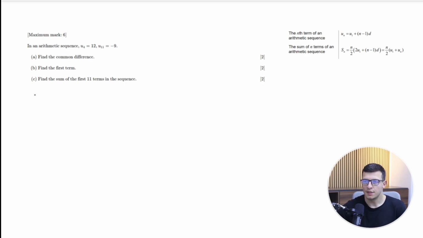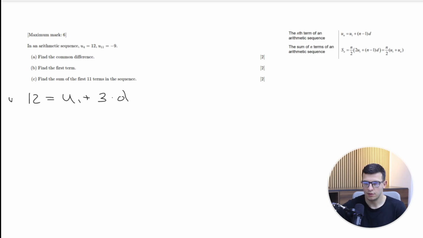In an arithmetic sequence, U4 is 12 and U11 is -9. Find the common difference. So if U4 is 12, by using the formula we can say 12 is equal to U1, we don't know, plus (n minus 1)d, which will be 3 times d. This is for U4.